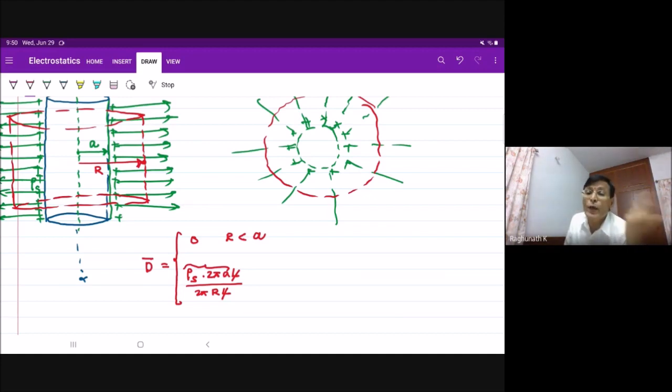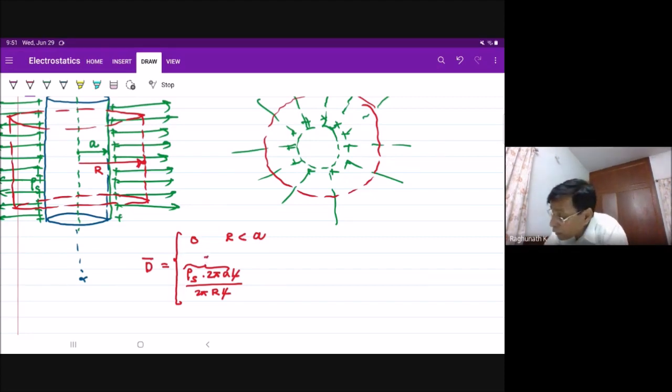Yes, L is equal to 1. It is uniformly distributed, because of which I need not take delta S by delta A, any area into Q. That's a Q by any area. That is actually rho S into 2 pi A is rho L by 2 pi R, where R is the distance from the axis.